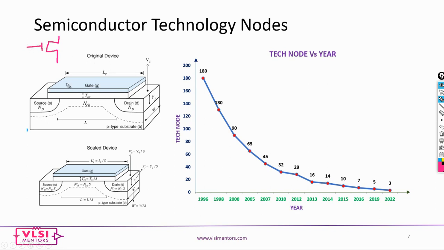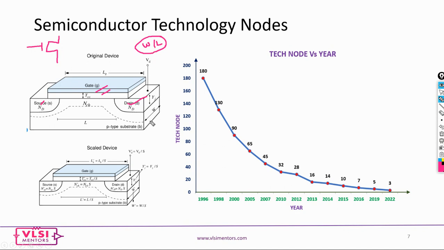The cross-sectional view of that MOSFET is going to be something like this. You have a source and a drain, separated by a distance, and above that you have the gate. In MOSFETs we look at W and L, which are width and length.